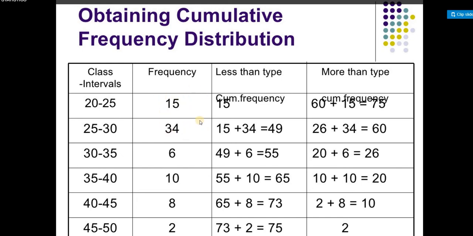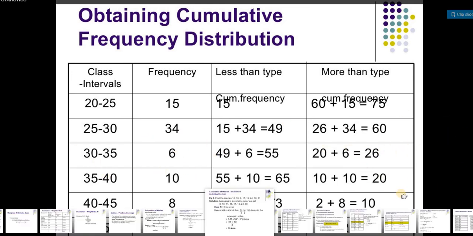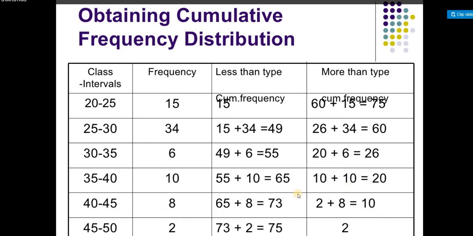After that we do 60 minus 34. That one will be easy. Then 26 minus 10, we will get 20. Next 20 minus 10 we will get 10. 10 minus 8 we will get 2. This is the cumulative frequency.